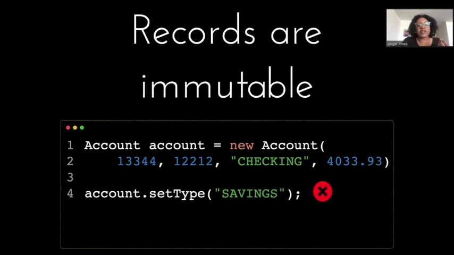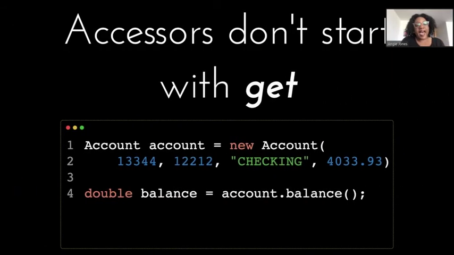And the fields of a record are final. So there are no set methods generated for records. Of course, you can add a setter within the curly braces of the record, but I don't see a good reason to do that since these fields are final and they cannot be modified anyway. So you do have the accessor methods or the getter methods.